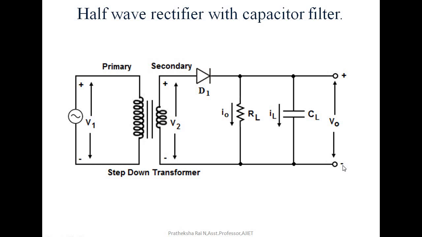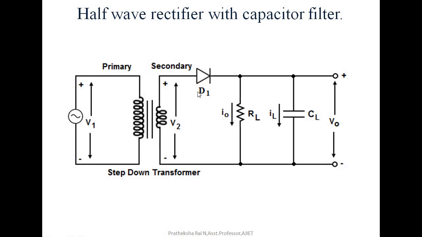In the previous session we have already studied the half wave rectifier, and this complete circuit we know. Now, in addition to that, we are making use of one additional capacitor, CL. We have to understand what happens during the positive half cycle and during the negative half cycle.